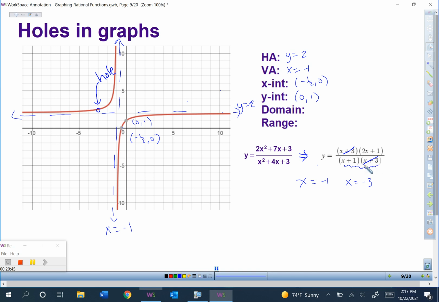It just looks different on the graph. When you see the factors cancel, it's known as a hole. So in your work where you canceled stuff out, I want you to write hole, and then the -3 is the problem, and that's the x value.